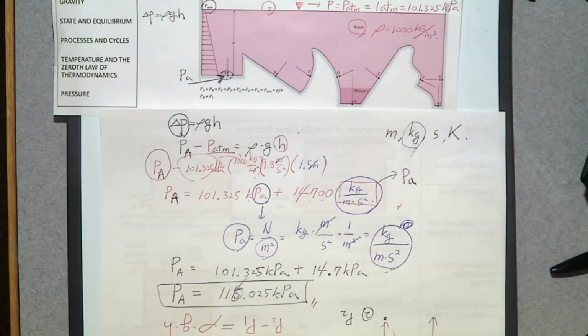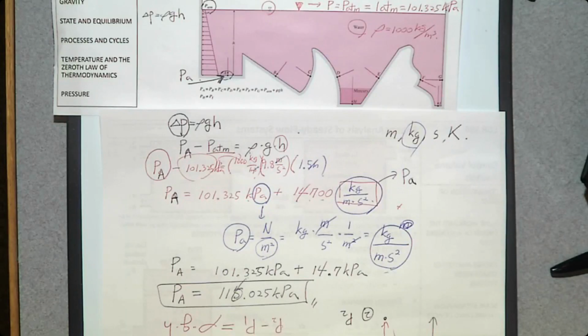Yeah, they are equal. PA should be the same as PB because we have the same density, water, we have the same height, h. As long as rho g h are the same, pressures should be the same. So PA, PB, PC, D, E, F, G, they are all equal.